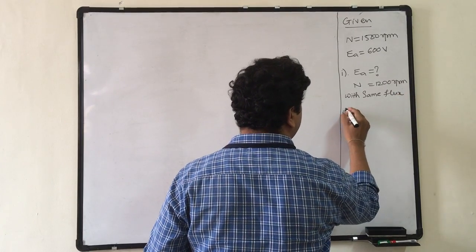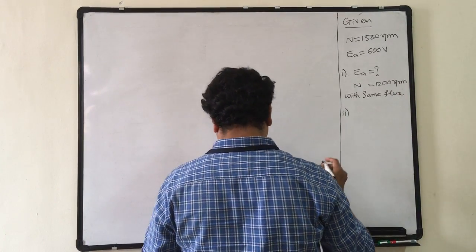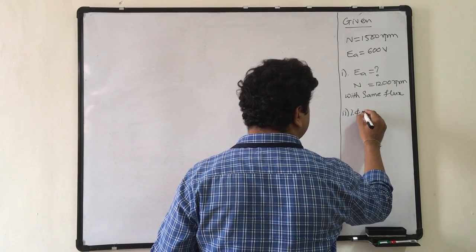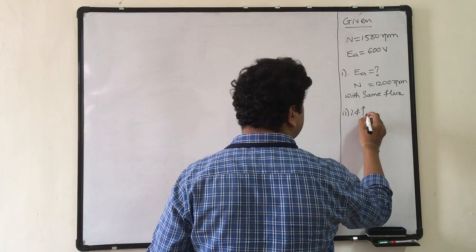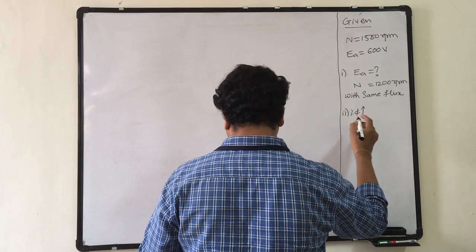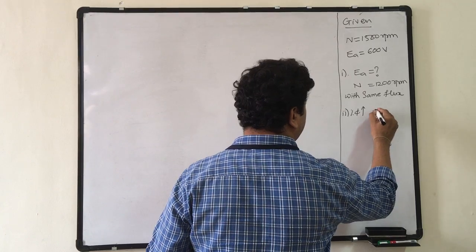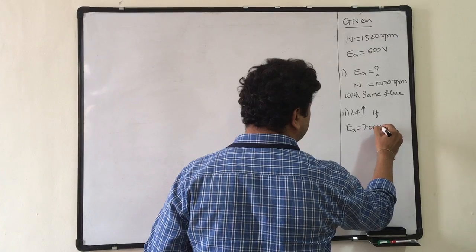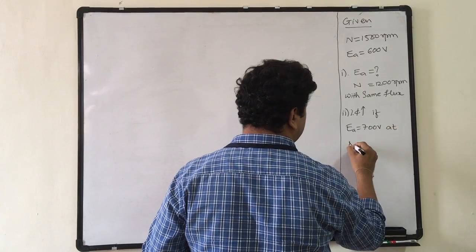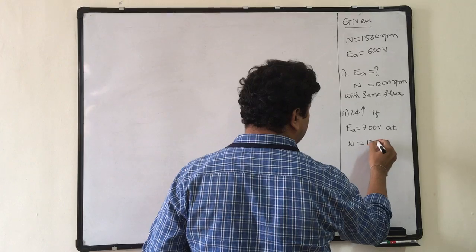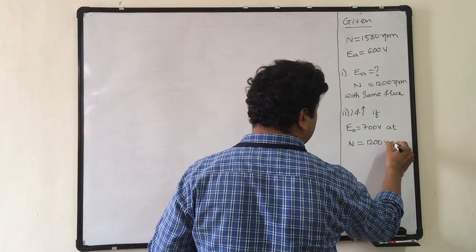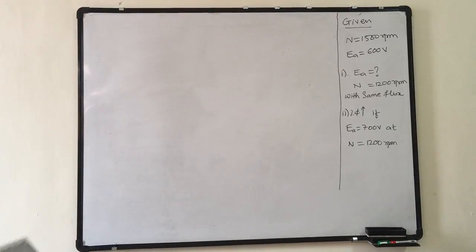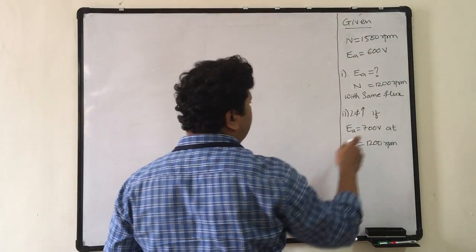Then second case, what is the percentage flux increase if EA is 700 volts at speed 1200 RPM. With respect to this given data we are talking.